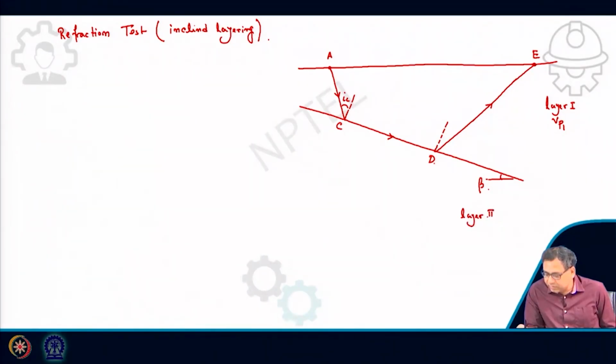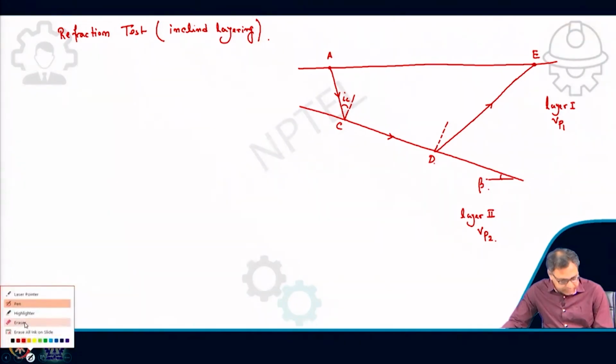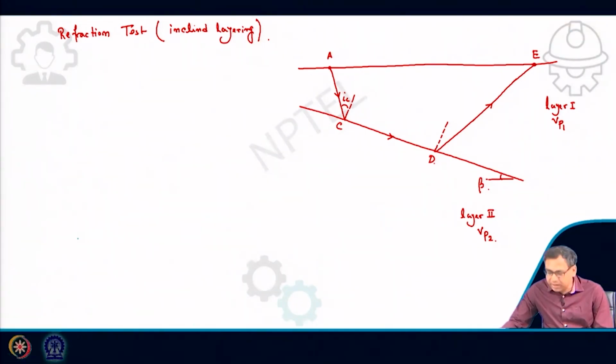This is layer 2, velocity say Vp2. These are all the layers I have given.